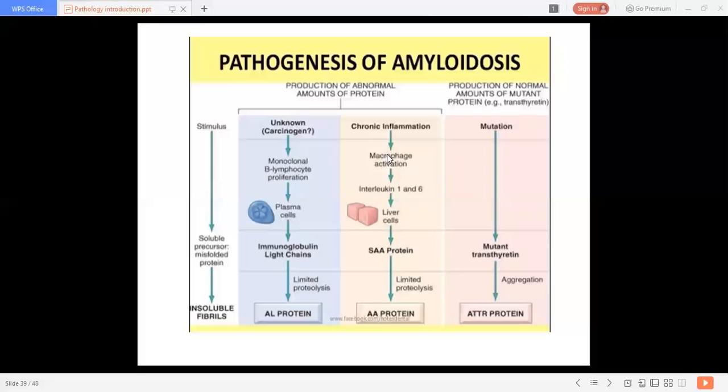Like this you can remember all the pathological steps or pathogenesis of the formation of these insoluble precursor proteins. Understood? Any query? No? Okay. It is a little bit complicated, but if it is asked in the exam, you have to write down this pathogenesis of amyloidosis according to this particular chart.